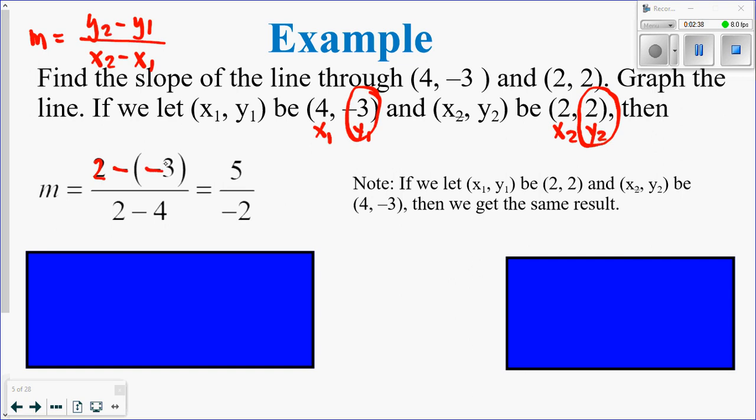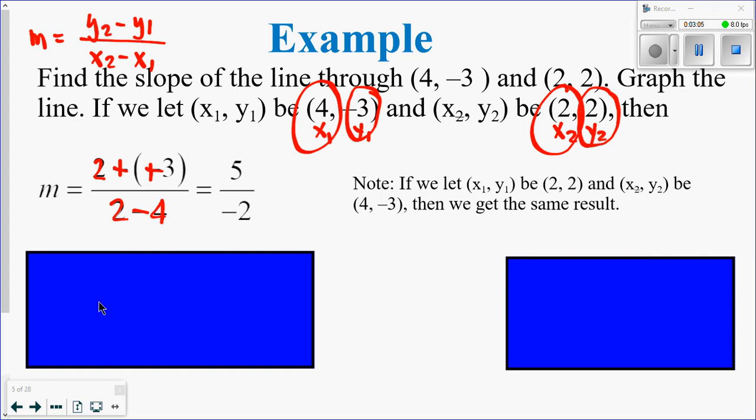So now we have that -3. So when you have 2 negatives, what happens? Well, they turn into positives. That's where the 5 comes from. Then in your denominator, you have x2 minus x1. So x2 is 2, which is where this 2 comes from, minus, because the formula says to minus, and x1 is 4. So 2 minus 4 is -2.